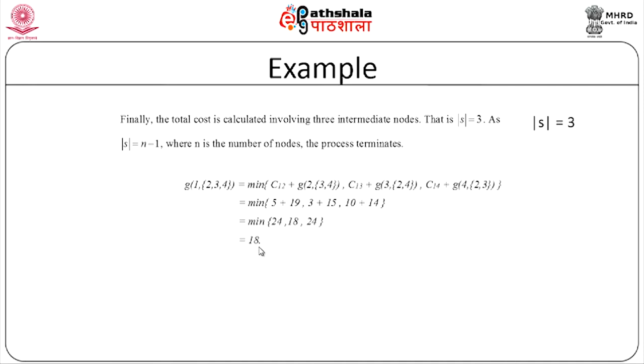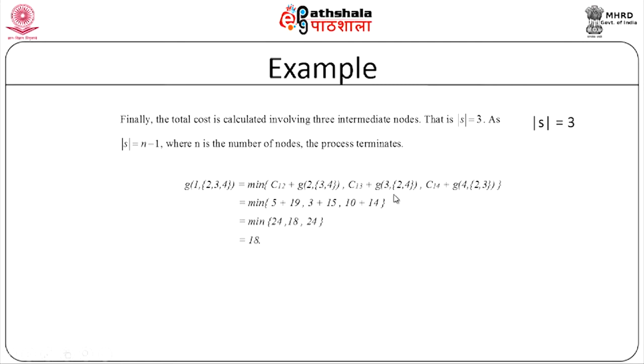To get an answer for this, all we have to do is record the k which gives the minimum at every stage. So, you can see very well the minimum is obtained from traveling from c(1,3) and then g(3,{2,4}).